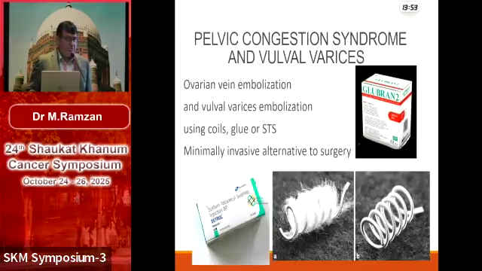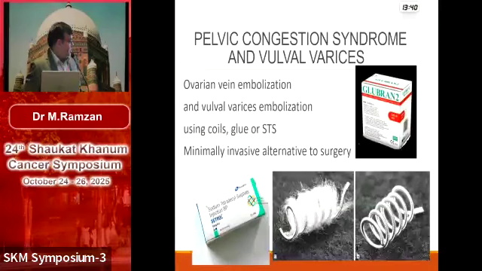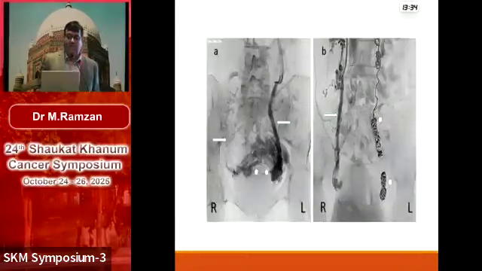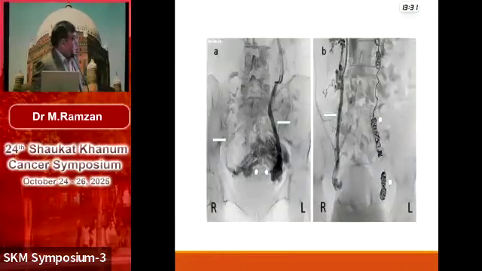Pelvic congestion syndrome is another thing which females come across. It is a chronic pain, and it's similar to varicoceles in males. We use different materials like foam. These are the coils. We can use glue, whatever you want to use, and this is the typical way we do it.